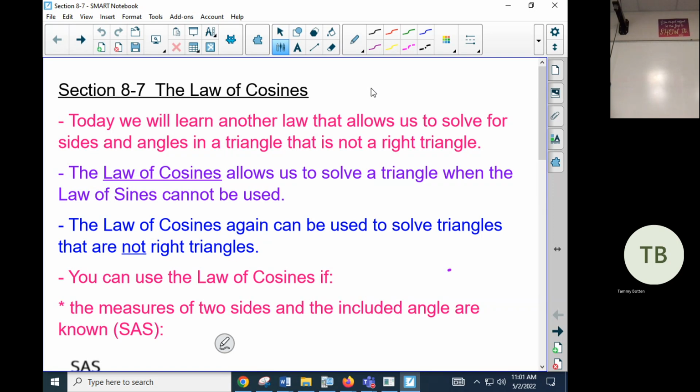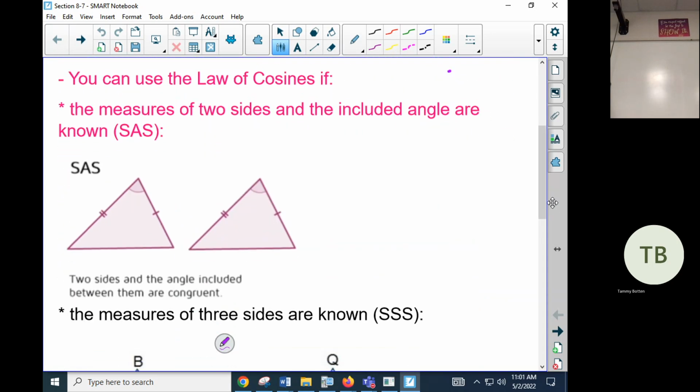Last week we learned something called law of sines. Law of sines is one way to find missing sides and missing angles in a triangle. There's another law, called law of cosines, that we're going to start today. There are 2 times that you can use law of cosines.